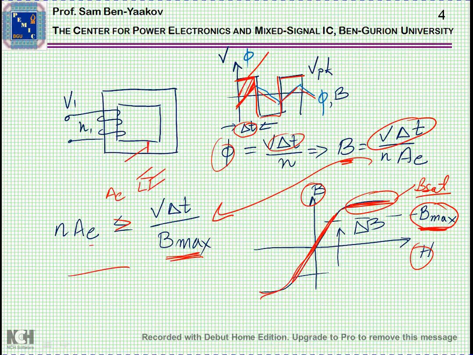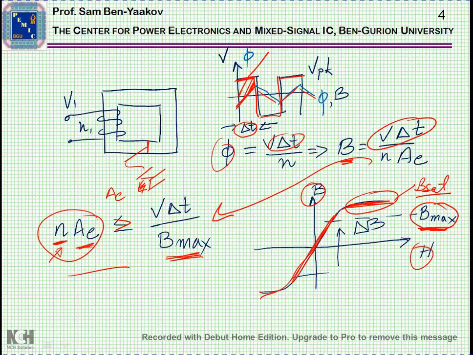This equation is really very interesting because it says that you can trade cross-section area of the core by number of turns. That is, you can have many turns in a small area or a large area with fewer turns.